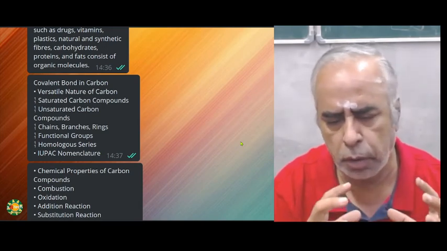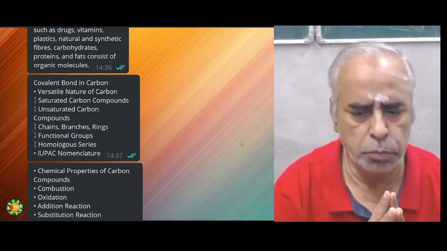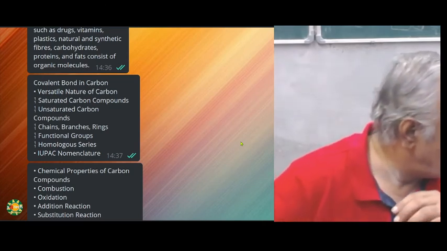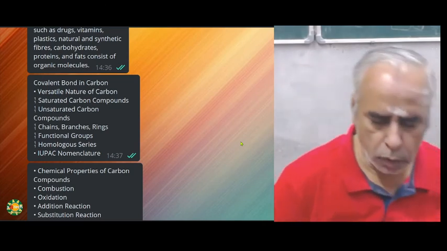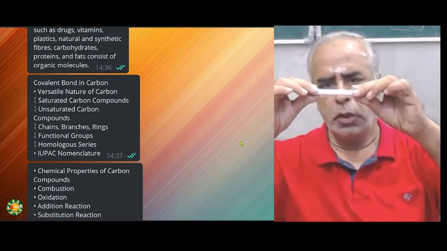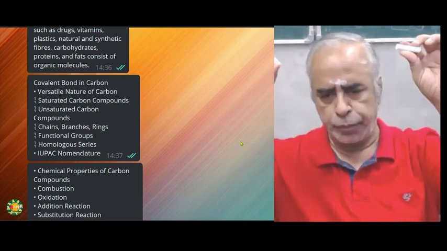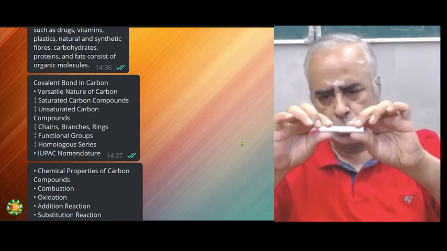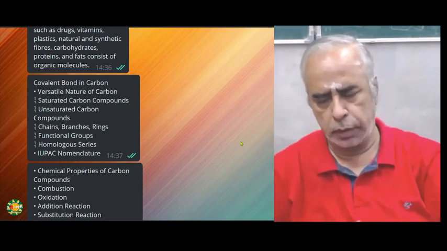You should know something about covalent bonds. When I say bond, let me take a chalk piece like this. Are you able to see the chalk piece? When I break this, it's broken. Since it is physically bound, this is broken physically.